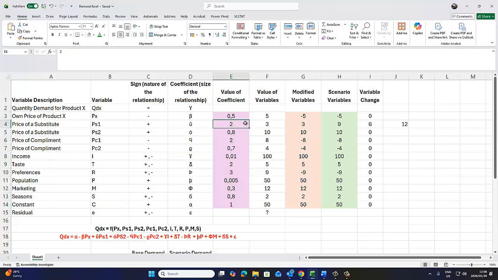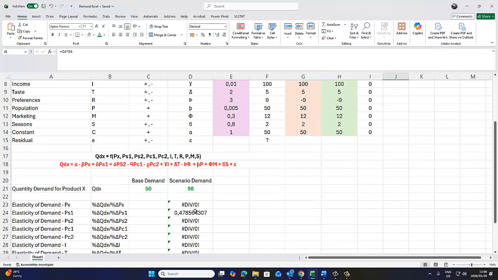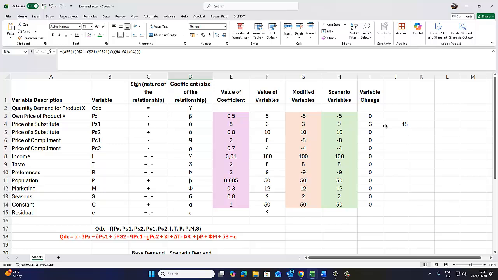The smaller the coefficient is, the more inelastic, the higher the coefficient, the more elastic. So let's make that 8. Look now, if the price increases from 3 to 9, by 6 Rand, then quantity demanded will increase by 48. Look at where the elasticity stands now. Very, very different. And so forth.